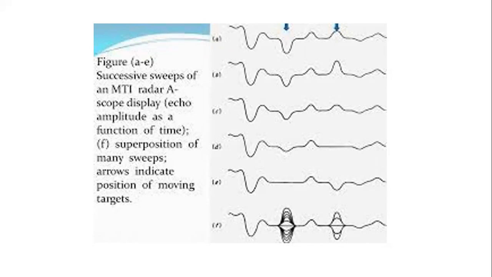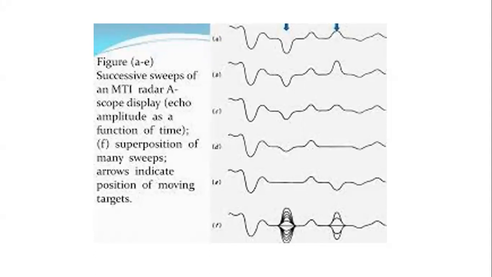Now in F, we are actually merging all the graphs that we have received from A to E. And when we sum it, you get a graph which looks like a butterfly. So it is called the butterfly effect or butterfly graph. This is basically needed for the moving target information. So just by looking at the graph, you can identify which one is a stationary object and which one is a moving target.